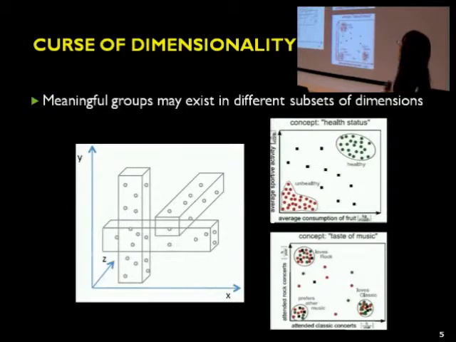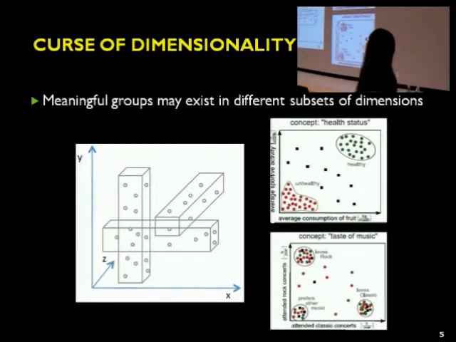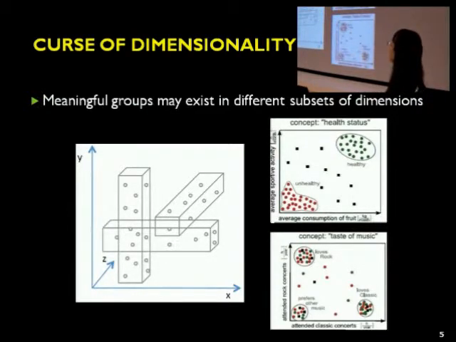For example, if your analysis task is based on the concept of health status, maybe only a subset of attributes such as average consumption of fruit or average sportive activity and so on are related to your analysis problem. And if you project your data based on this subset of attributes, you may find distinctive patterns easily.